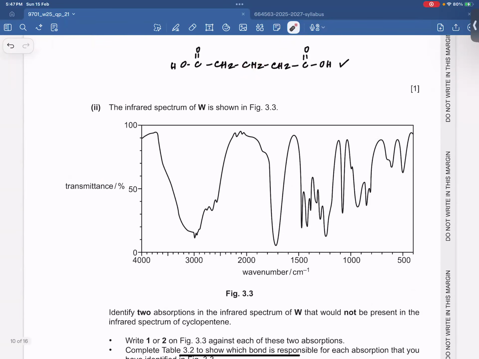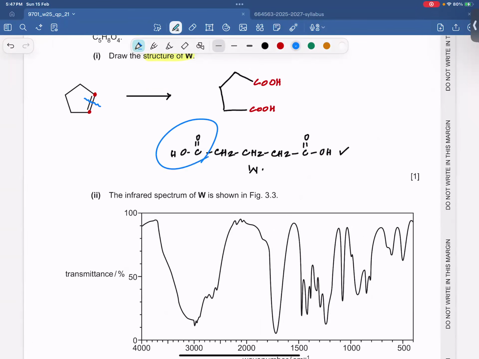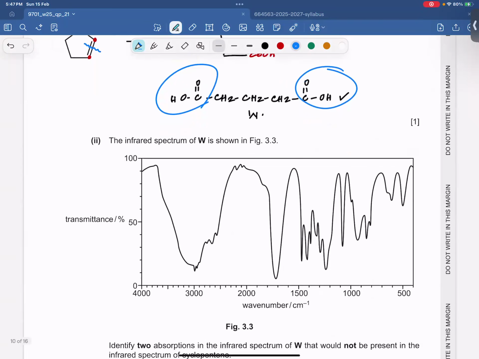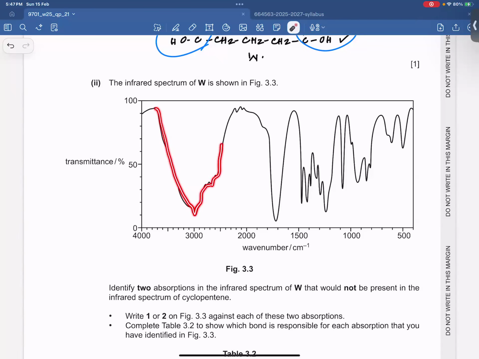The infrared spectrum of W is shown. This is basically your W. And you know that W has a carboxylic functional group, which means this very broad strong peak appears at 3000 centimeter inverse, and this very broad peak indicates O-H. Also, this peak appears at 1720 centimeter inverse.